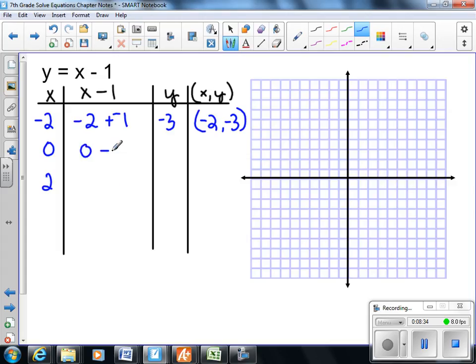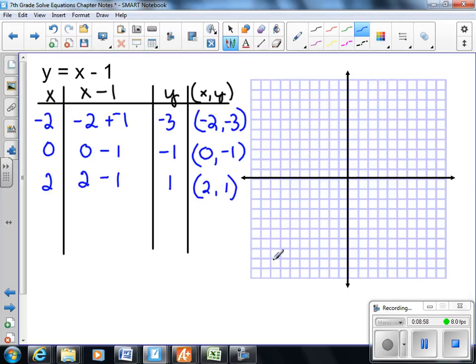Next one, 0 minus 1 is a -1. So I have 0, -1. And turn to your partner and figure out the last one. Okay, so I have 2, plug in a 2 for x, minus 1, and I get a +1. So I have 2, 1.